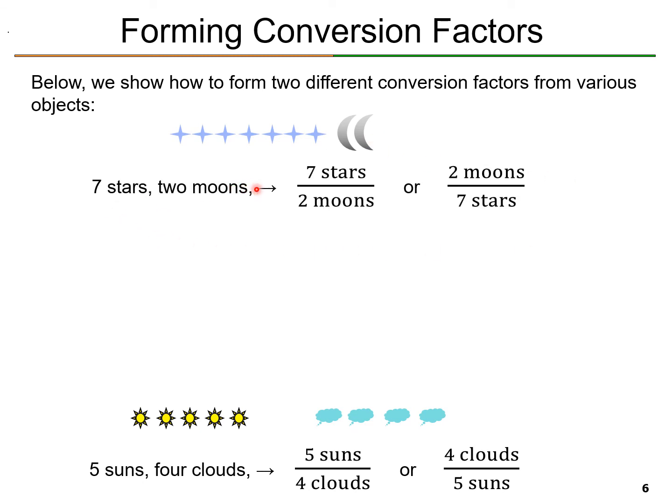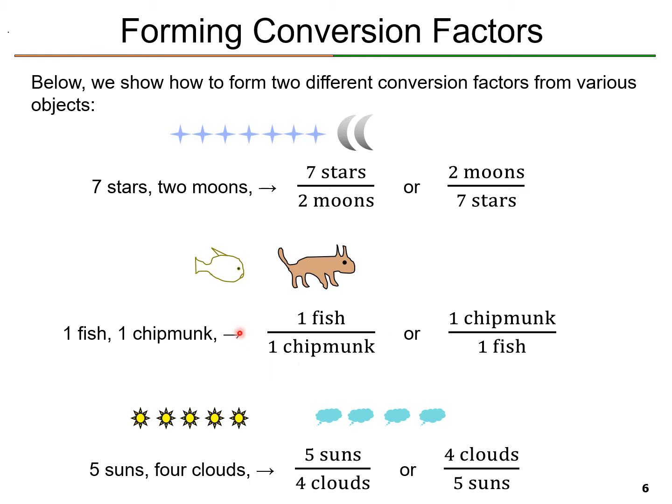So we can form the two equivalent conversion factors, 7 stars divided by 2 moons, or equivalently 2 moons divided by 7 stars. Here we have 1 fish and 1 chipmunk. So the two conversion factors are 1 fish divided by 1 chipmunk, or 1 chipmunk divided by 1 fish.